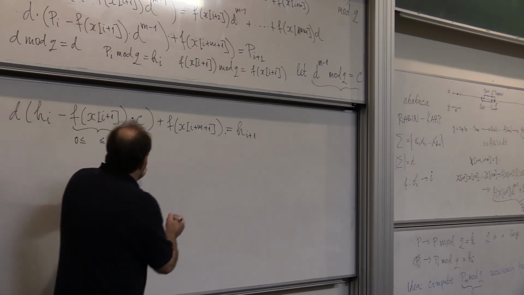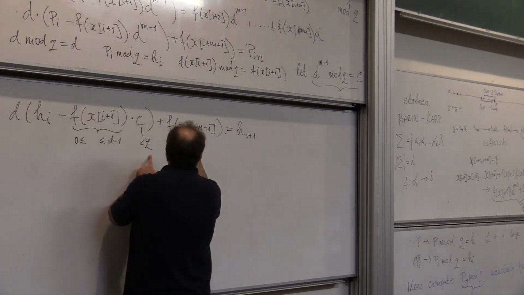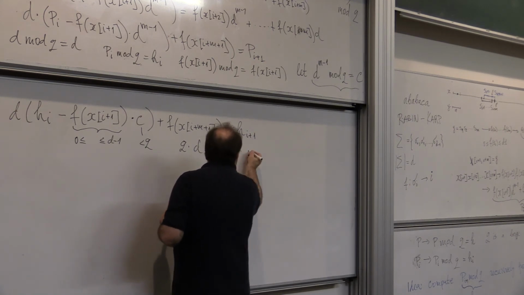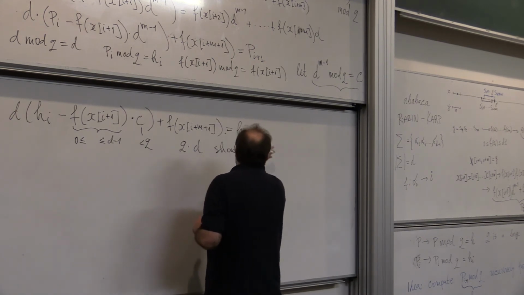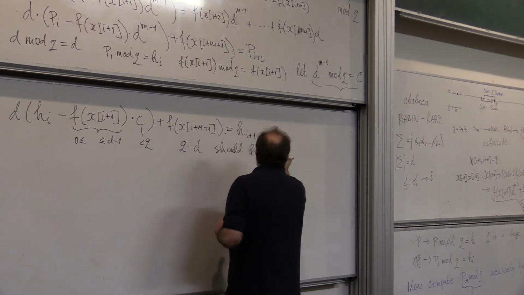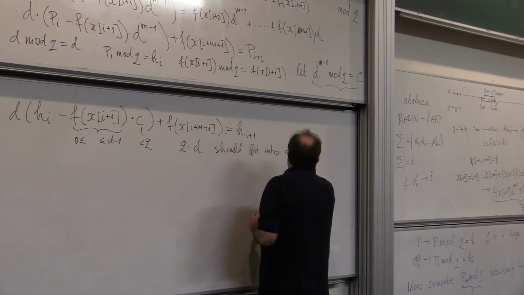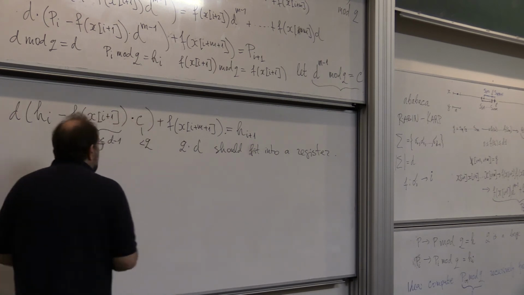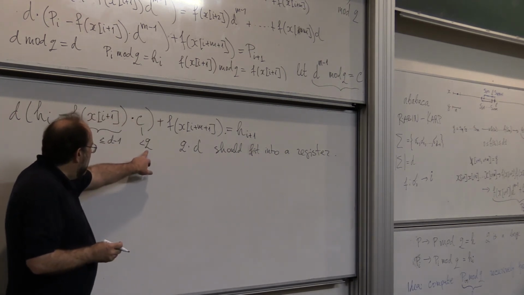Well, simply q times d should fit into a register. So this actually tells you how big you can go.